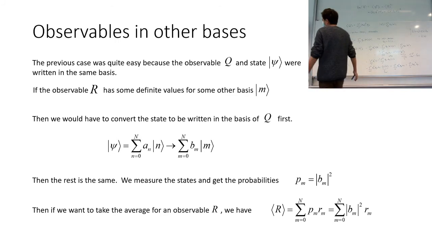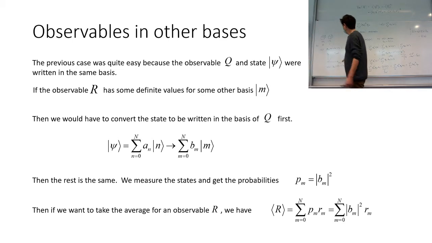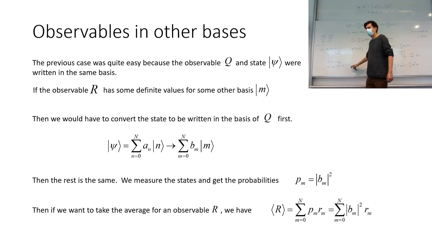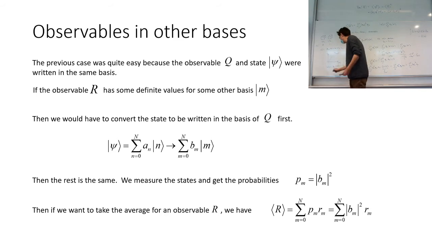Firstly, the first option would be just to convert our state and rewrite it in the basis of whatever the observables are in. So if we were unfortunate enough to have the state in plus or minus basis, but our observable was 0, 1, then fine, we just rewrite this so that it's in the 0, 1 basis.